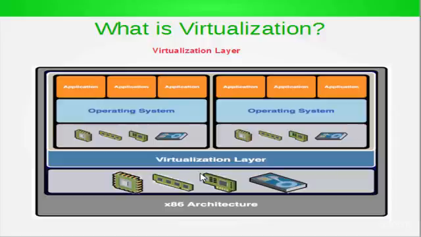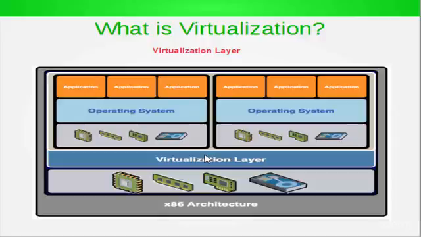Now above the hardware layer there is the virtualization layer. The virtualization layer has the ability to convert hardware layer into a virtual hardware. This would result into having a virtual RAM, a virtual hard disk, a virtual network card, and a virtual processor.